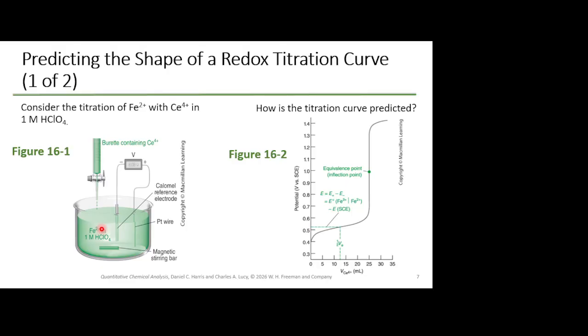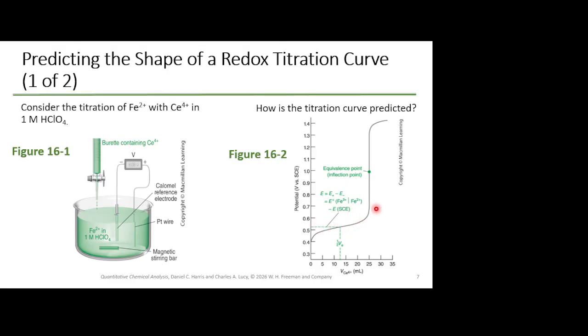And then you have a half cell that is the cesium. So you have the cesium half reaction, that is the 4+ versus the 3+, so 3+ on top. And so those are the two half reactions that are taking place in this. That gives you your overall reaction. That's going to give you your titration curve.